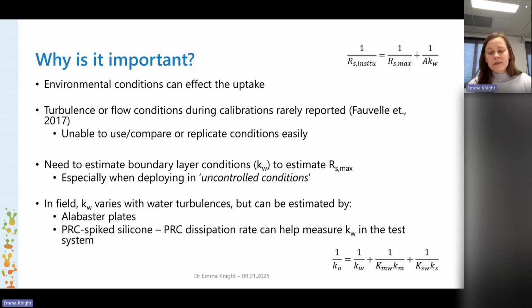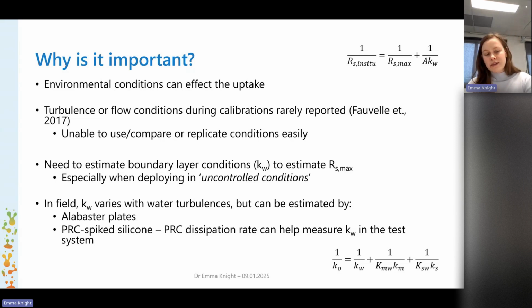And this is important because when we look at the mass transfer coefficient, that water boundary layer, or KW, is important for calculating RS in situ. And RS in situ is your sampling rate in the field, so then we can calculate back our concentration in the water in the field.